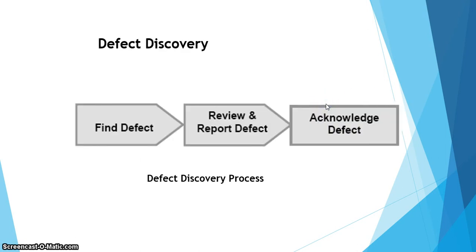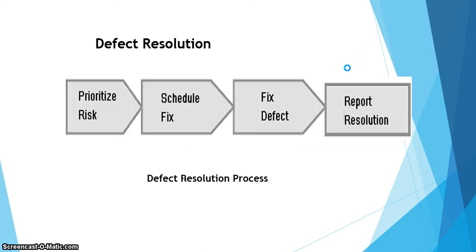All right. So what is the process of defect discovery? You have executed a test case, and you found that your expected and actual outcomes are different. So you found a defect, you review it, you report the defect, you acknowledge the defect and get a fix done for it. The defect resolution is based on priorities.